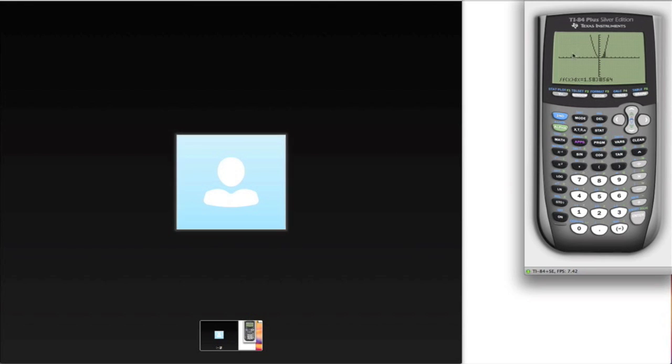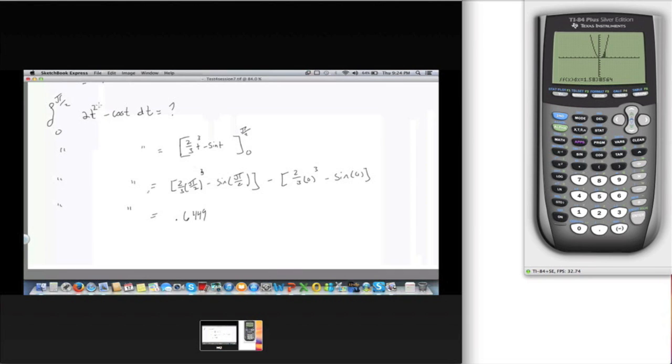Okay. So the antiderivative is 2 plus 1 is 3. So 2/3 x cubed minus what gives us cosine. The derivative of sine is cosine. Okay, so that's good. Plug in the top number, pi over 2. So 2/3 times pi divided by 2 cubed.